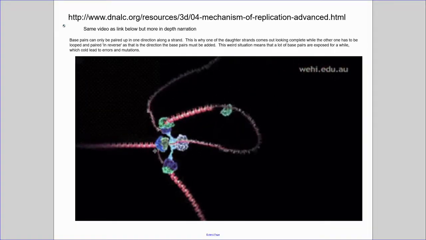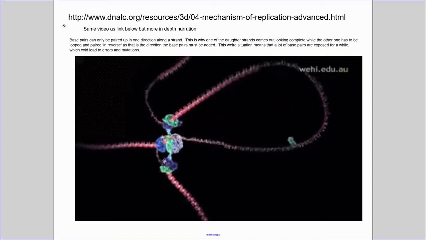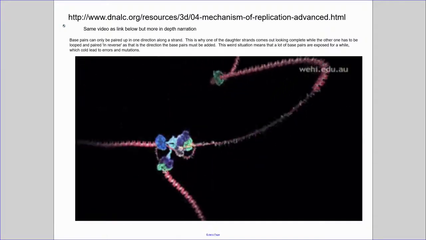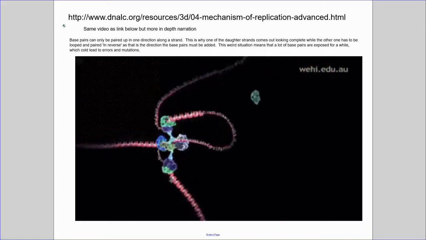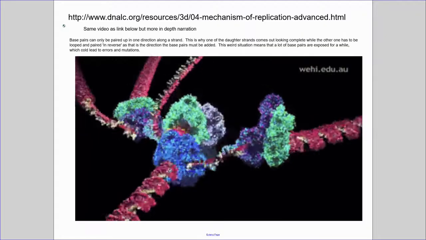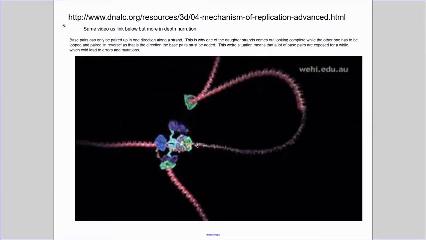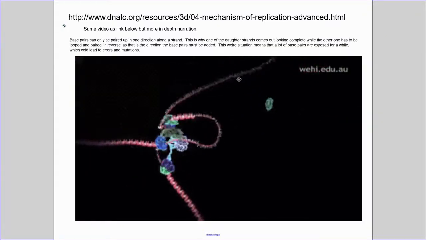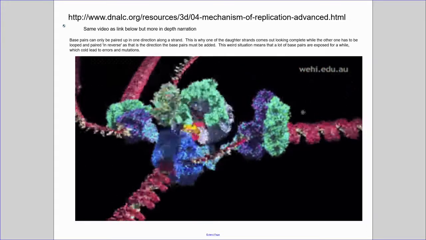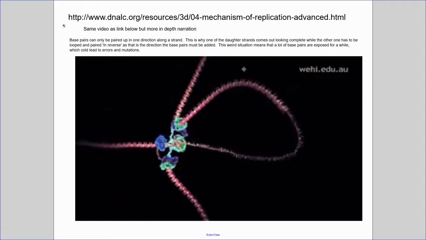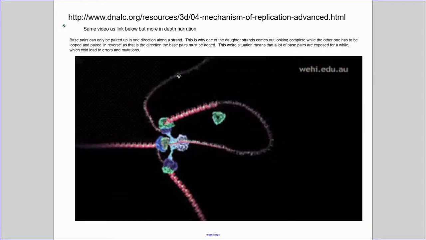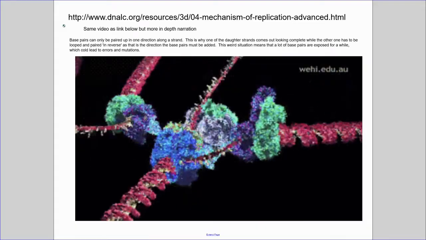Now when you have a single strand and you're trying to find complementary strands, it can only be done in one direction, which is why this one gets done nice and quickly. So you have a small single strand here, but it only gets done in one direction. And this one coming out the back end is a long strand of exposed bases, and the problem here is that those exposed bases can be mutated. This is where a mutation is likely to occur.